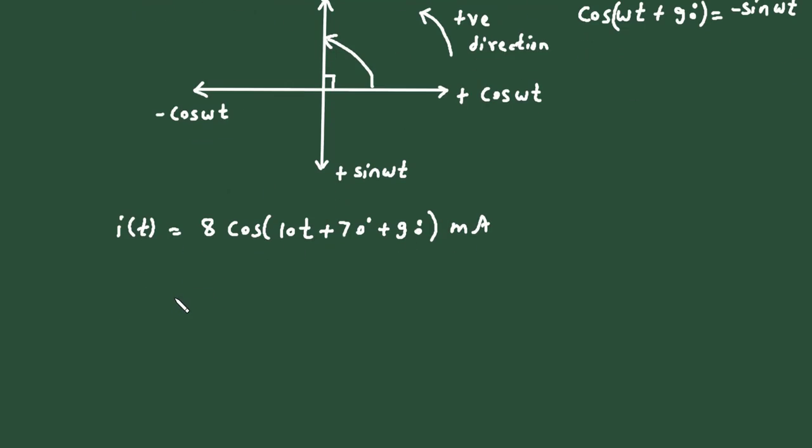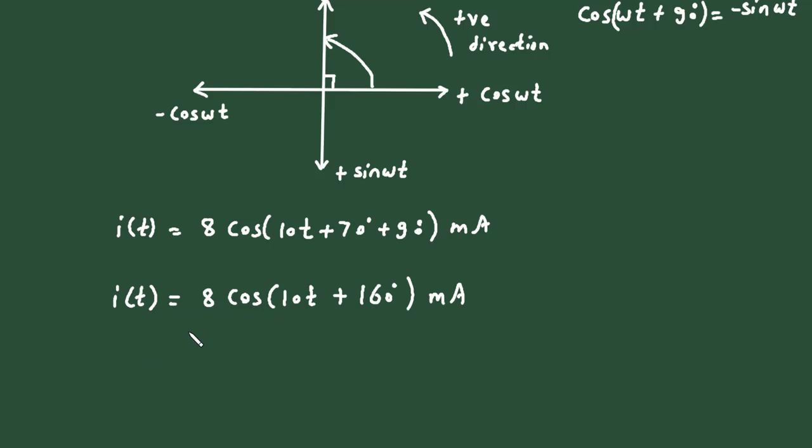Now let's simplify this. It will be 8 cos(10t + ...), and 70 degrees plus 90 degrees is 160 degrees. Since it is milliampere, this will be milliampere as it is. So this is i(t).